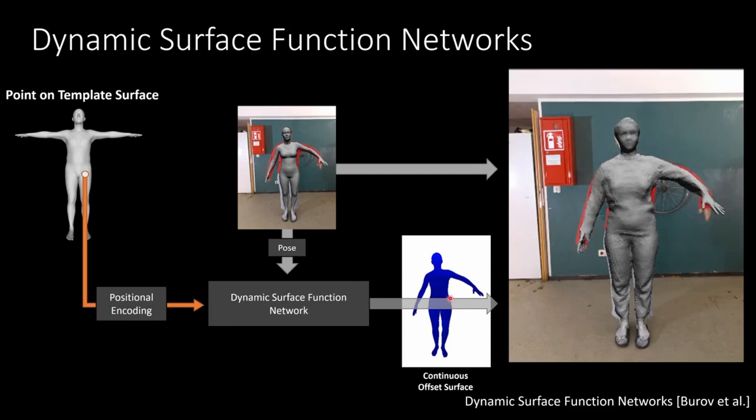And then you can use this to rasterize your geometry. You use differentiable rendering to optimize both the pose and the weights of this dynamic surface function network.